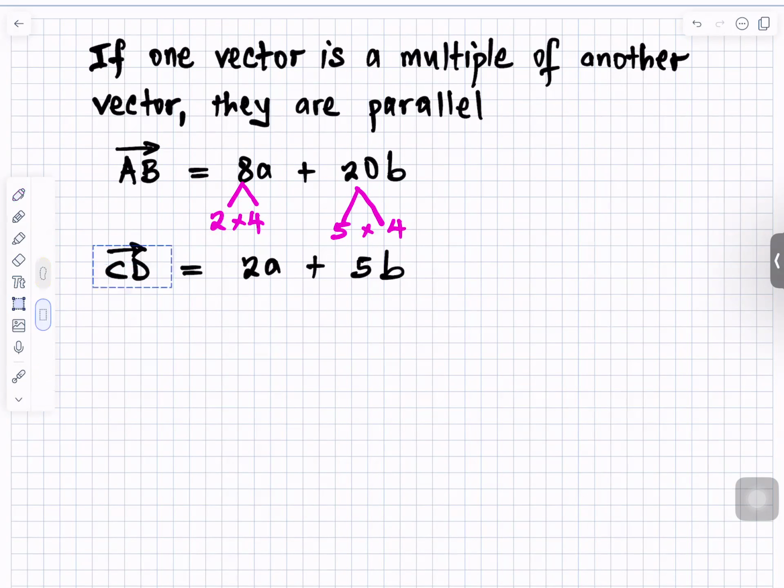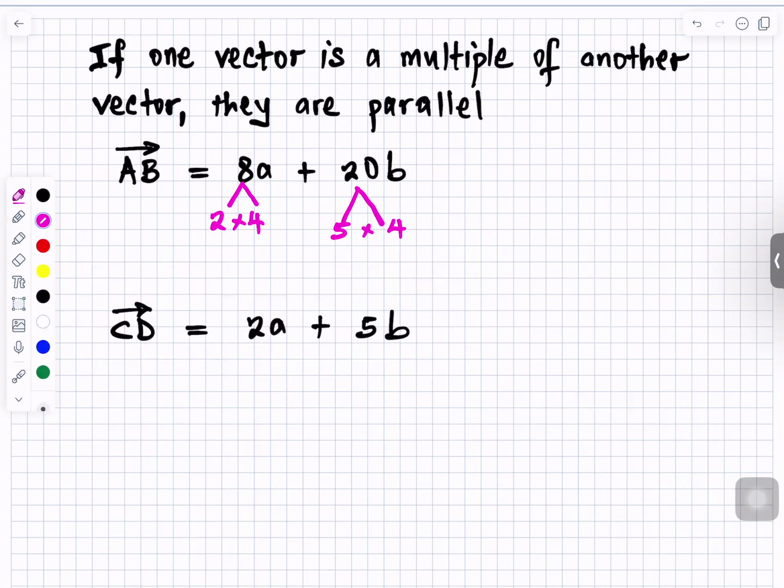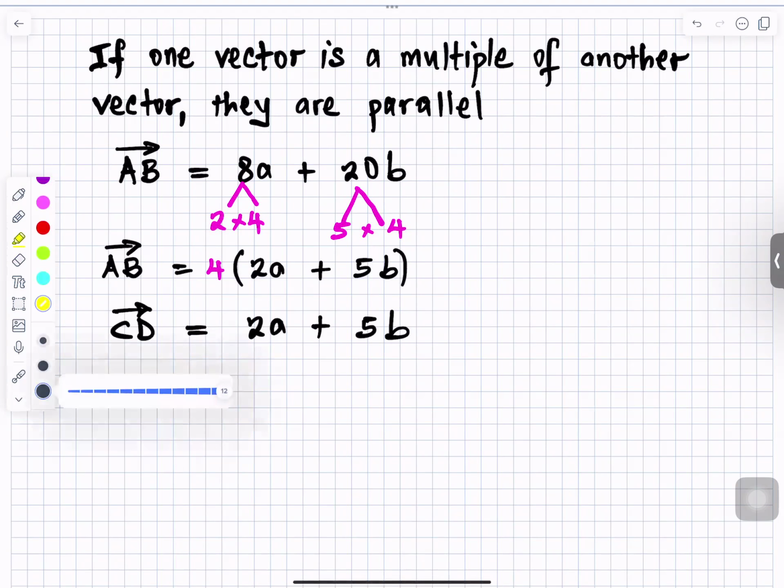So what we can do, if we factorize AB, we can write AB as, we can take 4 out of the bracket, and what is left inside the bracket is 2A plus 5B. If you notice now, I'll put it in yellow color.